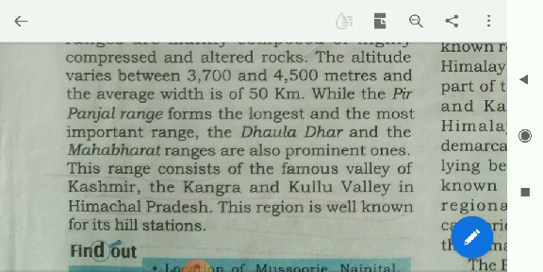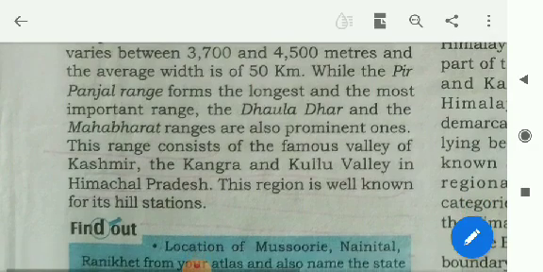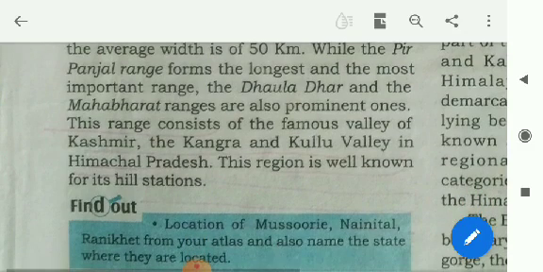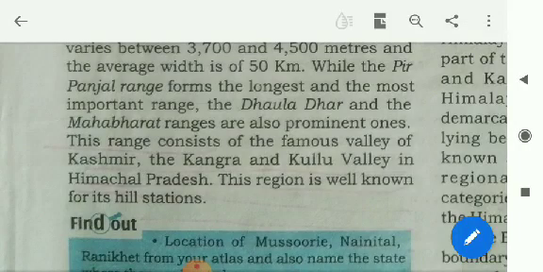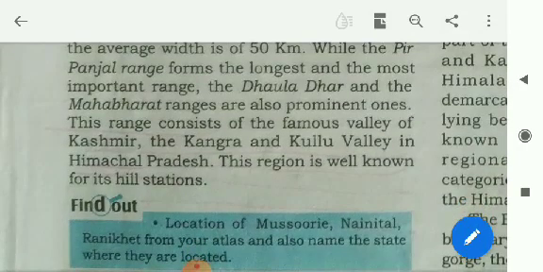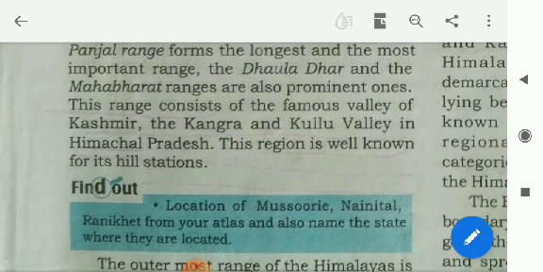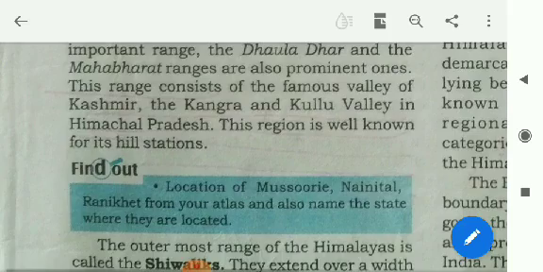The altitude varies between 3,700 and 4,500 meters, and the average width is 50 km, while the Pir Panjal range forms the longest and the most important range. The Dhauladhar and the Mahabharata ranges are also prominent ones.